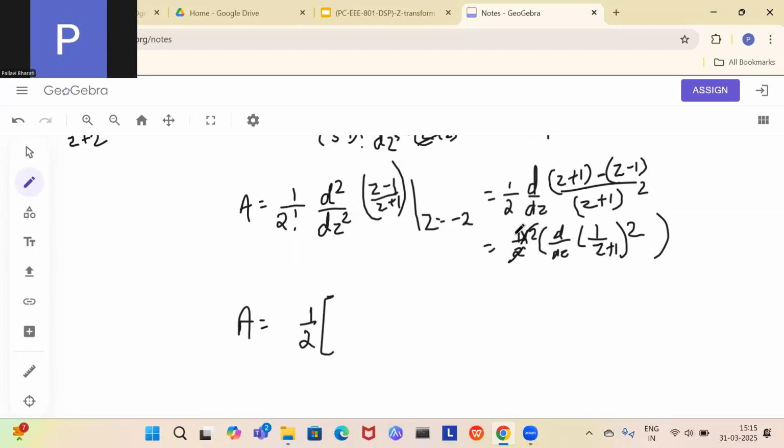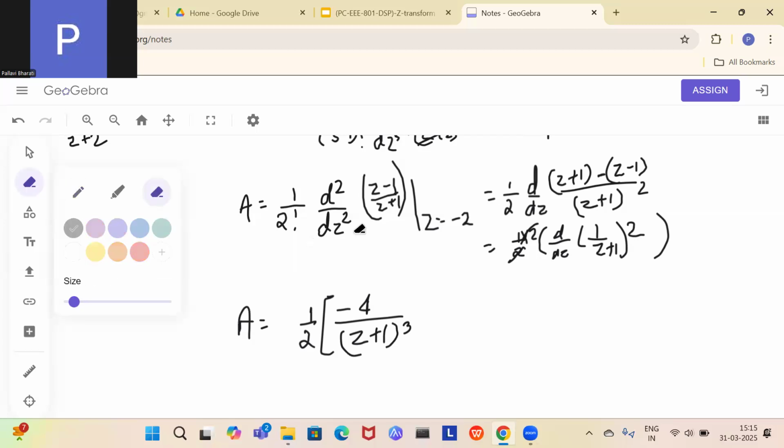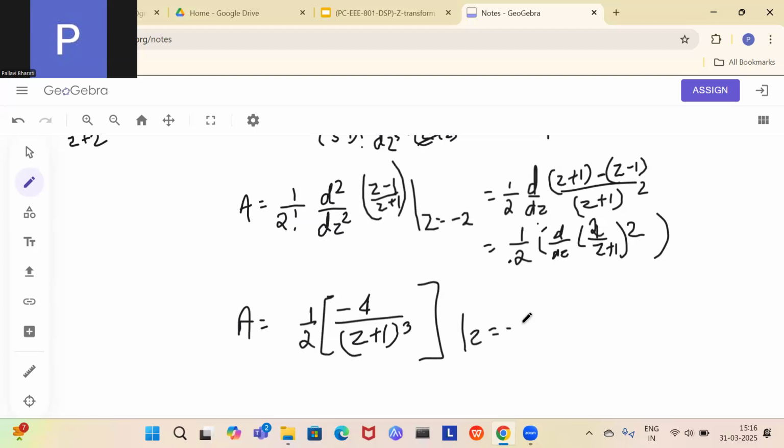That 2, if you are not cancelling, in that case there will be a minus 4 divided by z plus 1 cube. Here I am not cancelling this 2. So this is half and this one was 2. Now this is evaluated at z equals, at which point? Minus 2. So the final value of A is coming to be 2.